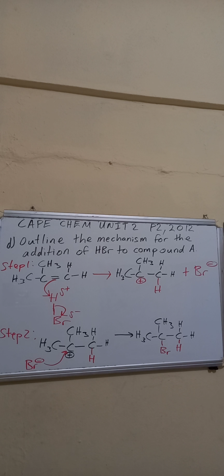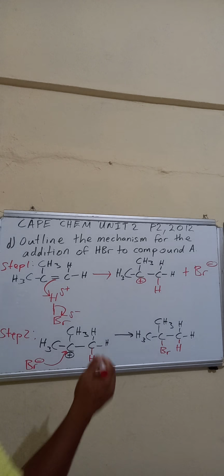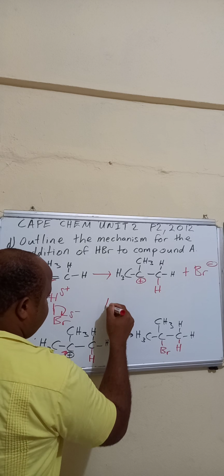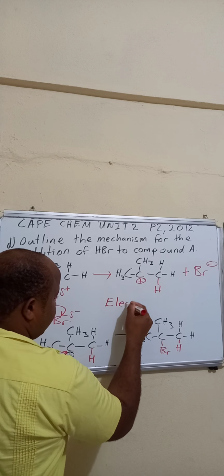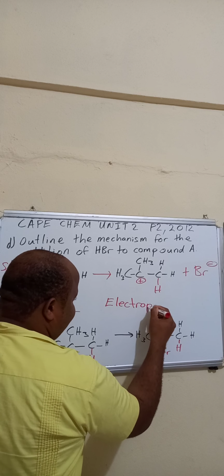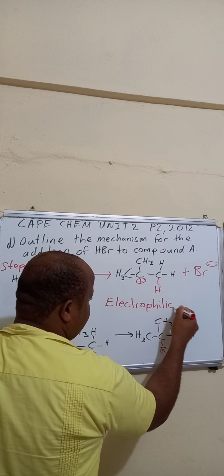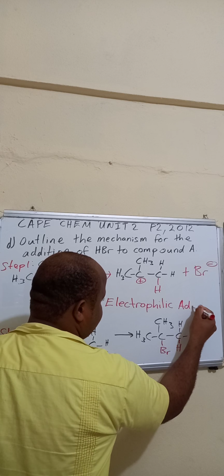Now the final question was asking what is the name for this mechanism. So for the reaction of alkenes, the mechanism is electrophilic addition.